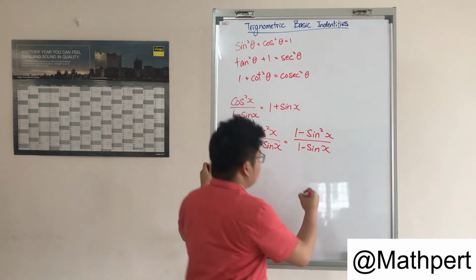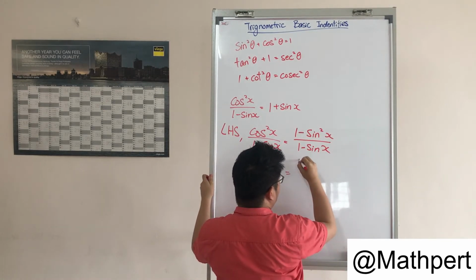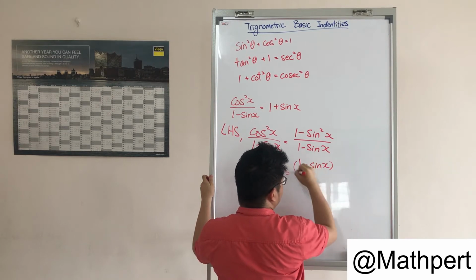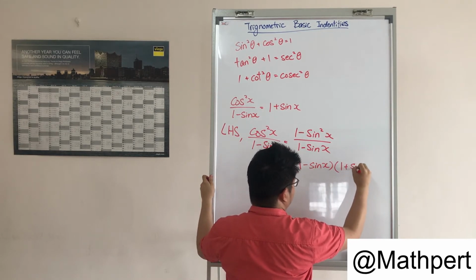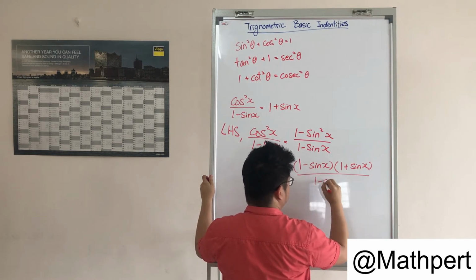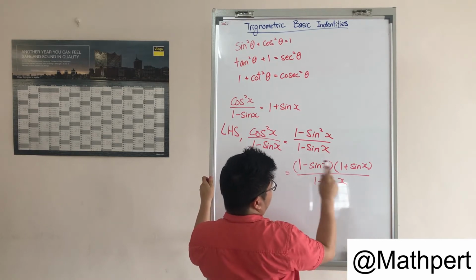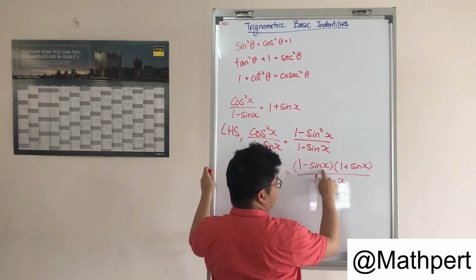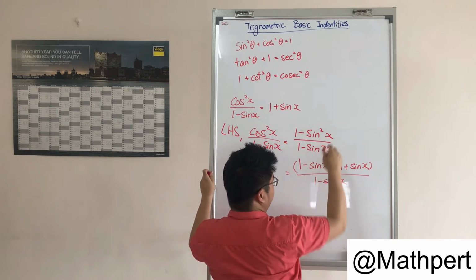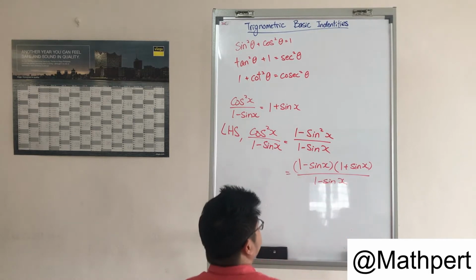Then this 1 minus sine square x we can rewrite into 1 minus sine x times 1 plus sine x, over 1 minus sine x. So how do we get 1 minus sine square x from 1 minus sine x multiplied by 1 plus sine x?